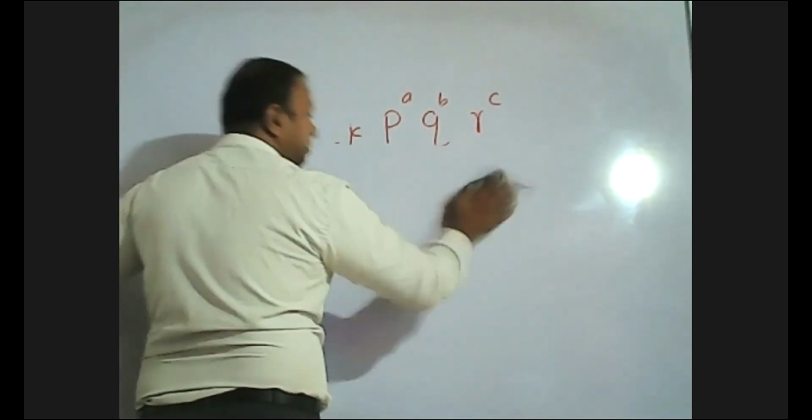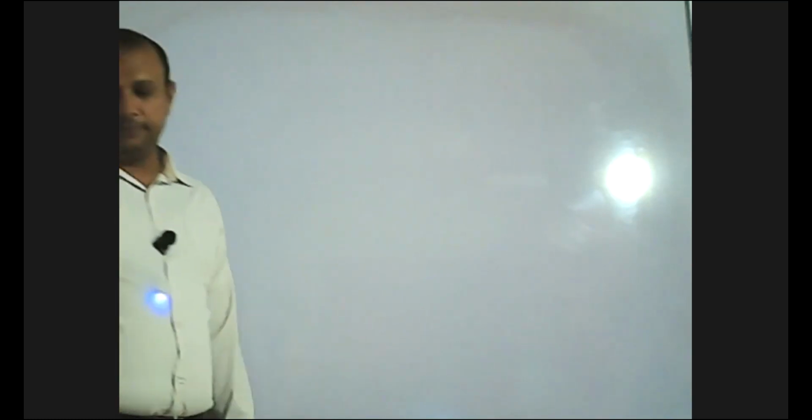The number of unknown terms and the number of simultaneous equations should be equal.